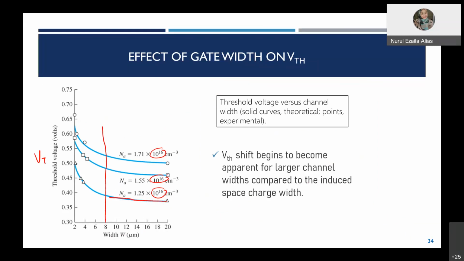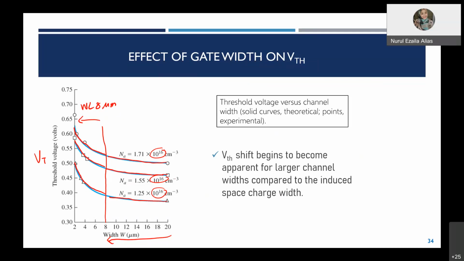The threshold voltage remains the same from 20 micrometer to 8 micrometer, at all concentrations. However, it becomes more severe when W is less than 8 micrometer. The threshold voltage is now affected and increases like this.